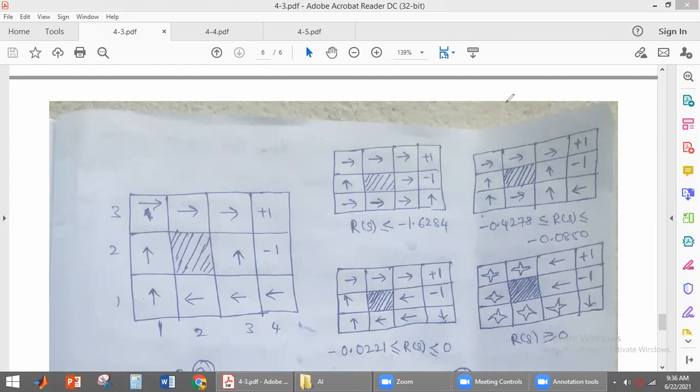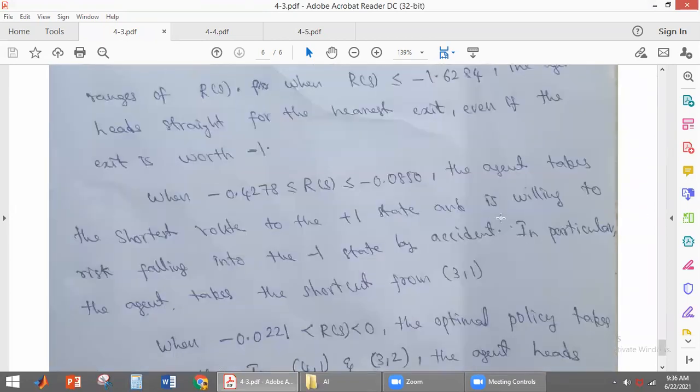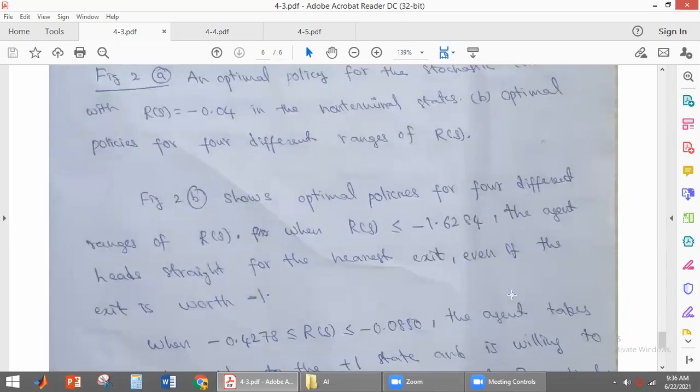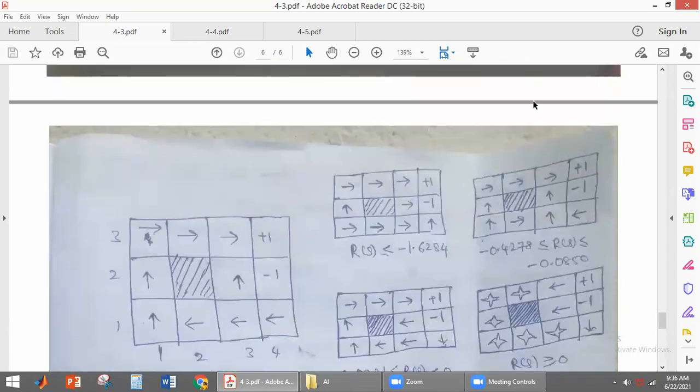See here, it is willing to risk falling into the -1 state by accident. Okay. So that is why the agent will always be taking the shortcut from the 3,1 state. If you just observe the 3,1 state, this is the 3,1 state. So it is taking shortcuts to reach from the 3,1 state.